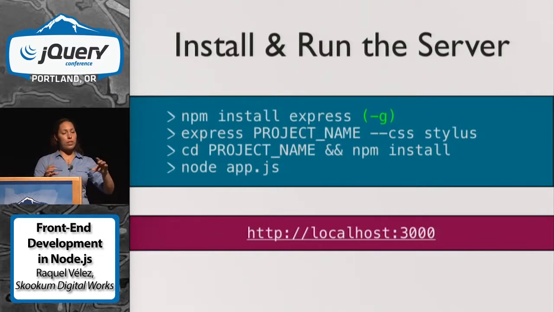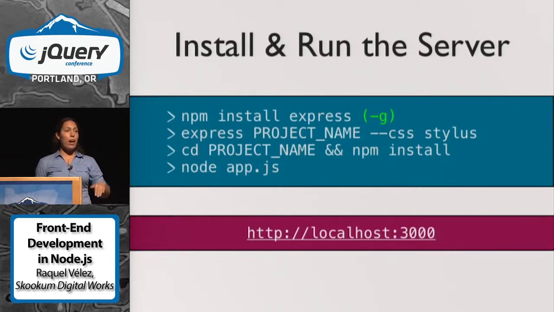So the way that Node works is it installs all of its modules in a local directory called node_modules. And then it basically refers to that. But if you wanted to make it more global, so you wanted to use Express on multiple projects, then you can just add the -g, which is what I generally do. But if it's your first time, you might not want to do that. That's fine. Then you can use Express kind of to build your app for you. And so you have this project name, and then you can add Stylus as your CSS preprocessor.